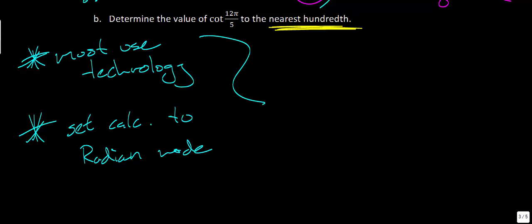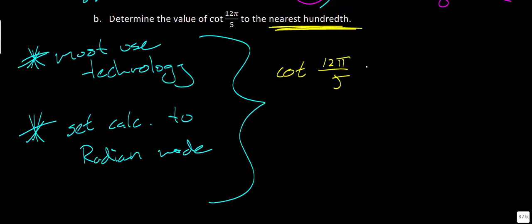Okay, so once you've done that, we can start answering this question. In this question we're given cotangent of 12 pi over 5, and we need to find what the value is to the nearest hundredth. So you'll note on your calculator, at least on most, that you can't just go and put that in right away.